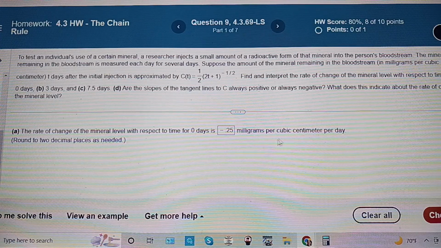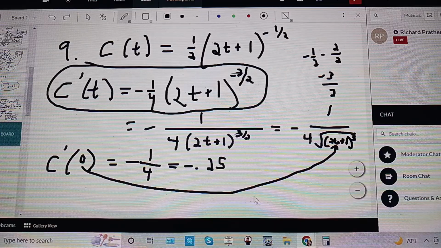Milligrams cubic centimeter, huh? Okay. I plugged in 0. 3/2 square root, definitely. 2t plus 1 is 1. Negative 0.25.